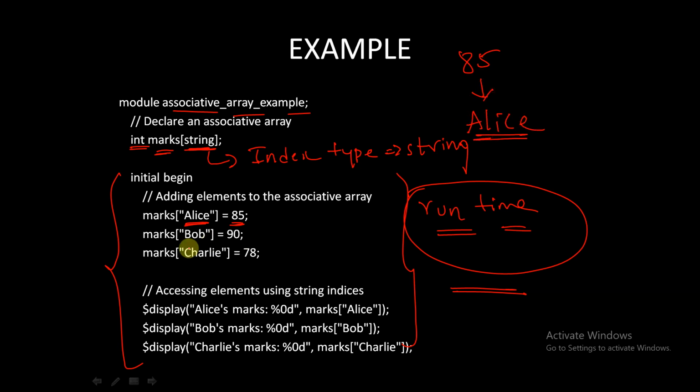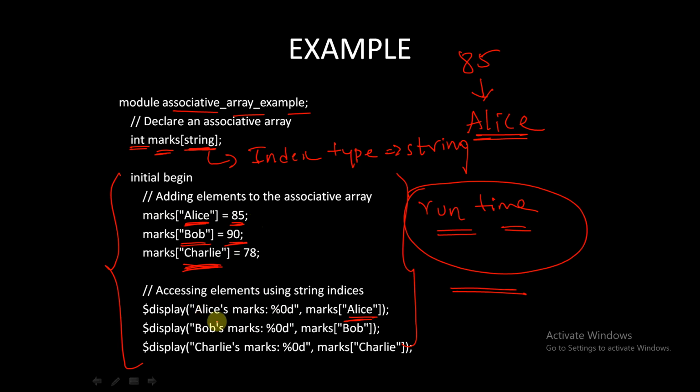Another string called bob points to the value 90, so bob acts as an index to 90, and another index called charlie points to the element 78. So instead of using the index as an integer, we are using the index as a string. When we want to access the element, we will use the same string which we used to insert the integer.